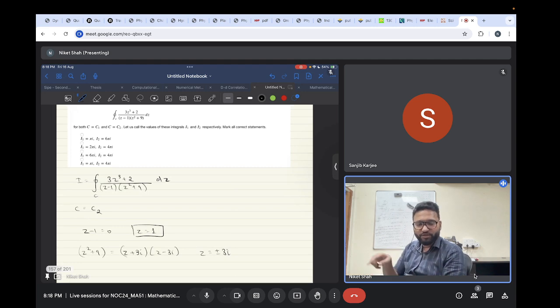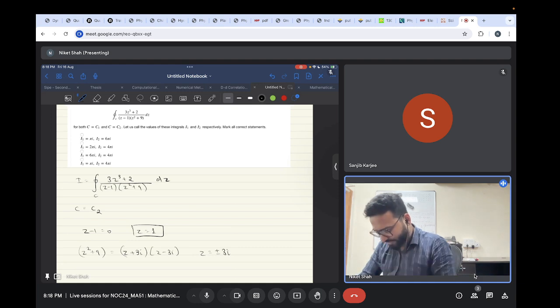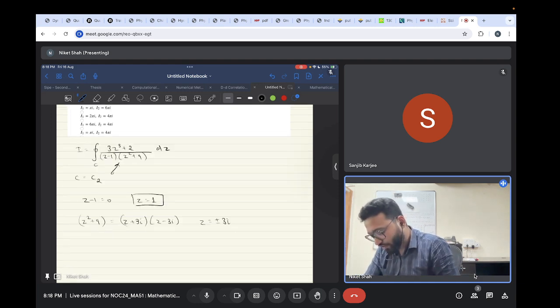All of these poles will lie inside the circle of radius 4. So we'll evaluate the residue of this function at all of these points.